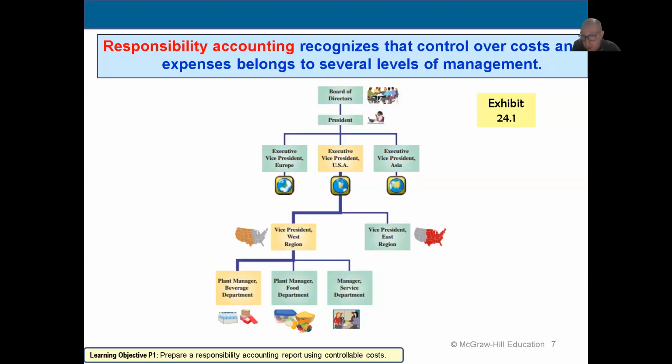There's an executive vice president for each geographical area on the planet. Each geographical area is broken down into regions. Within each region, we have managers of individual departments. See, so responsibility of controlling costs and generating revenue falls within several different levels of the organization.